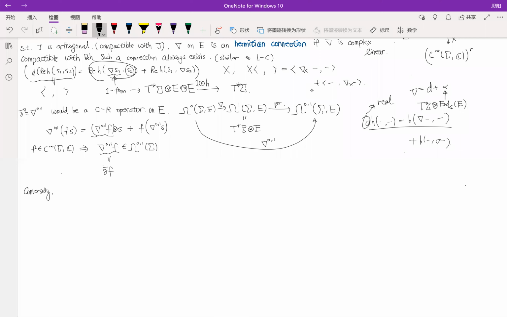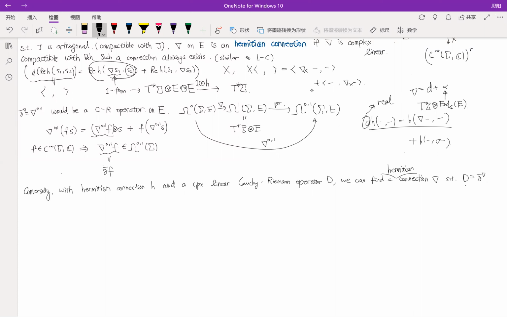And conversely, with such a Hermitian connection H and a complex linear Cauchy-Riemann operator, we can find a connection such that the Cauchy-Riemann operator in fact comes from this connection.